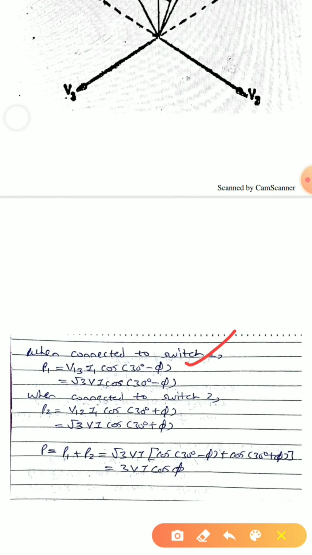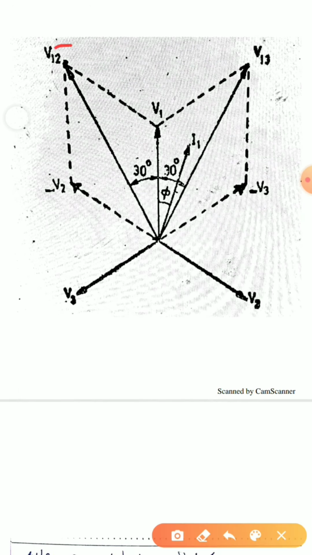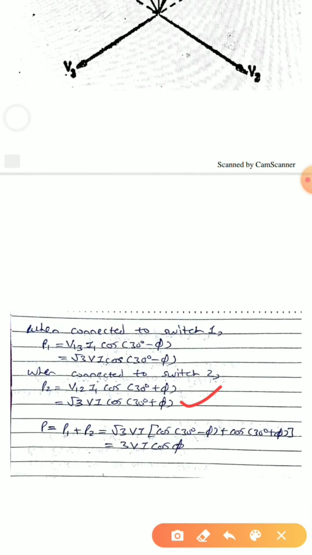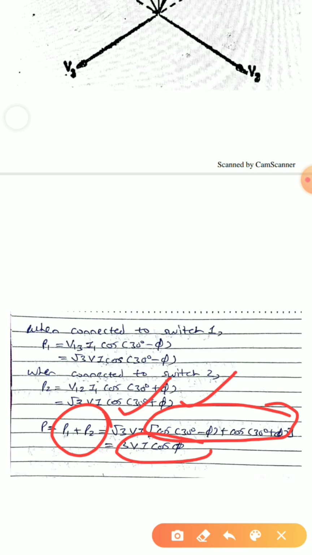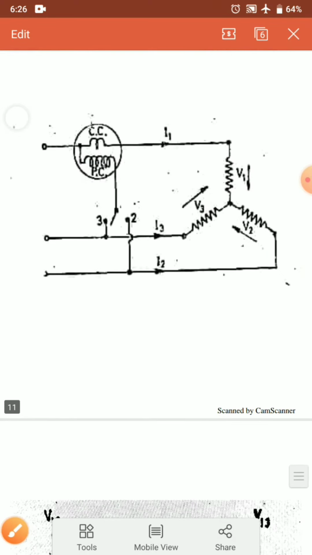When it is connected to P2, the angle between V12 and I1 is 30 degrees plus phi, so I will get cos(30 degrees plus phi). Now adding P1 plus P2 and applying trigonometric formulas, I get root 3 VI cos 30 degrees, that is 3 VI cos phi. So using a single wattmeter also I can measure the power across a three-phase supply.